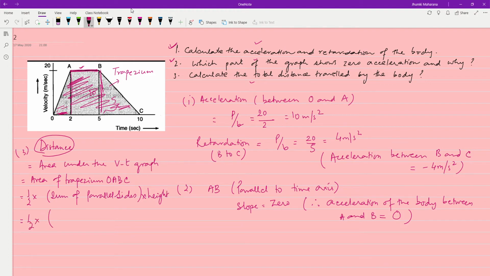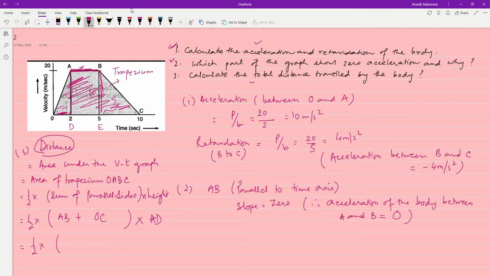What are the parallel sides here? This is AB and OC. And what is the height here? If we mark this as point D and this as E, you can either take AD or you can take BE. So let us take it as AD. So this is half into, what is AB?